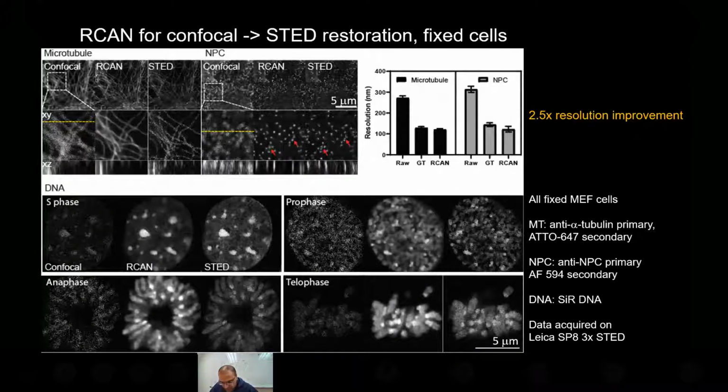And so these data sets on fixed cells made us wonder if we could apply the same neural networks on live cell acquisitions acquired in this microscope. One difficult thing in confocal microscopy is to get 4-dimensional data sets, so volumetric time-lapse images of, say, dividing cells. Because again, the confocal microscope is not a Lightsheet microscope, and you blast the entire cell.